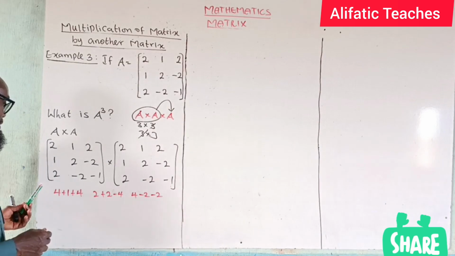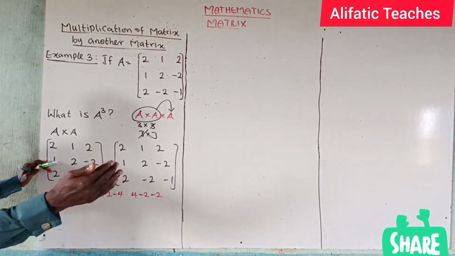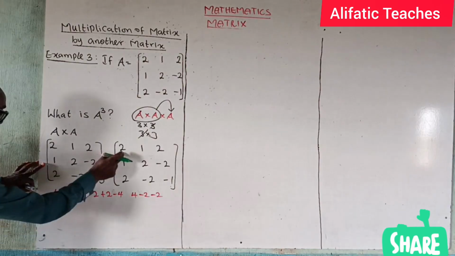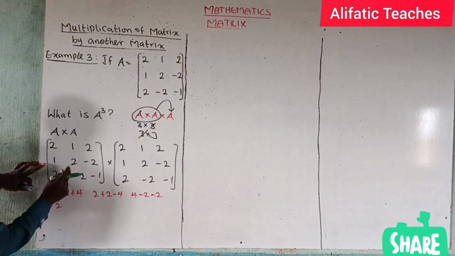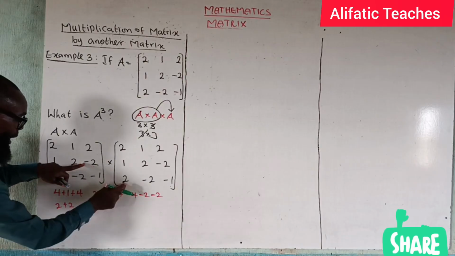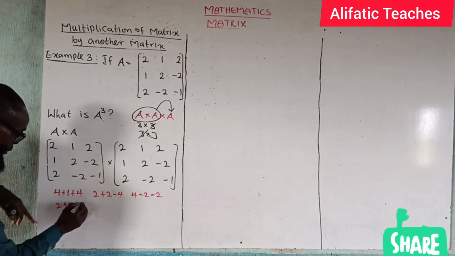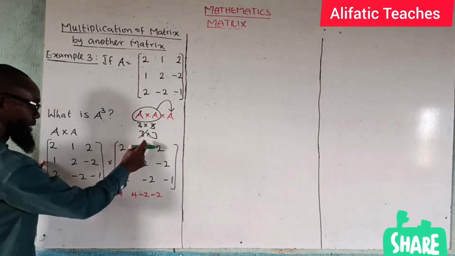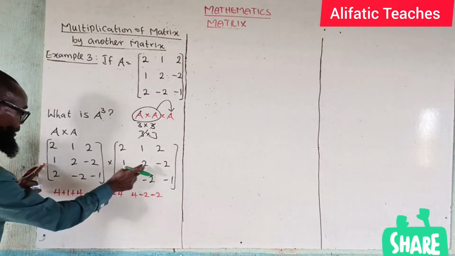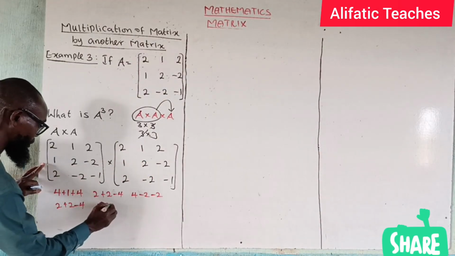Then I will now use my second row to do the same operation as well. Second row, first column. 1 times 2, 2. 2 times 1, 2. Minus 2 times 2, minus 4. The second row, second column. 1 times 1, 1. 2 times 2, plus 4.